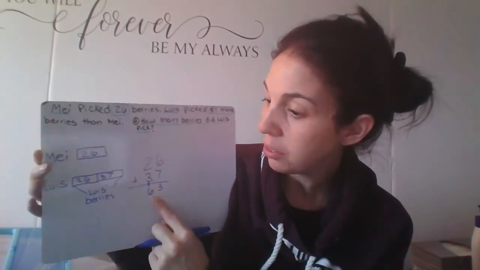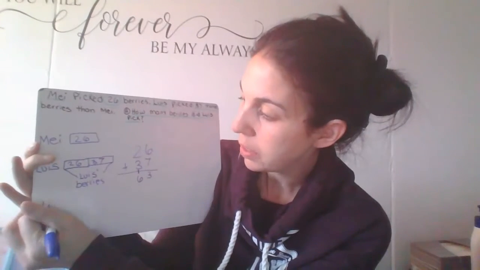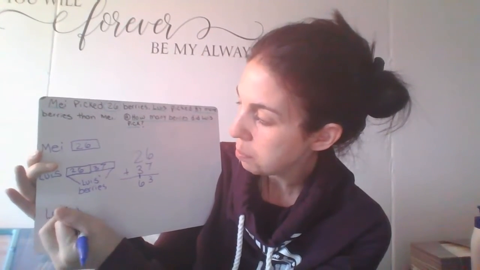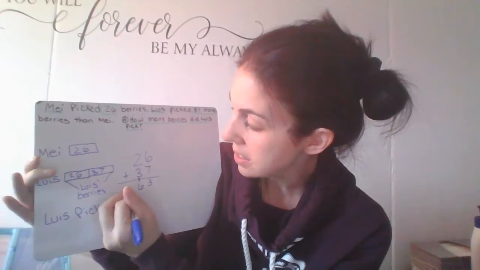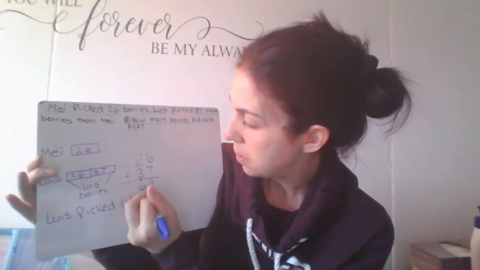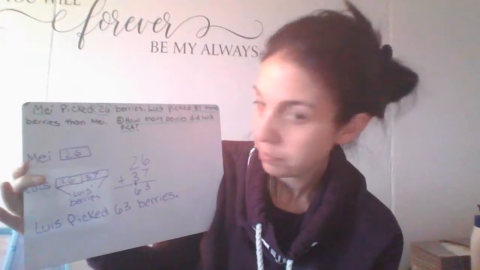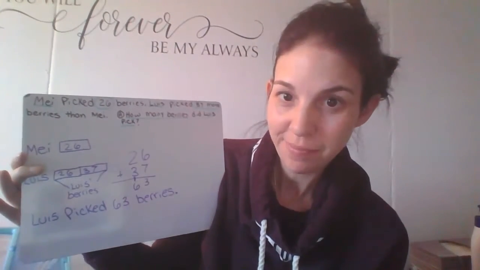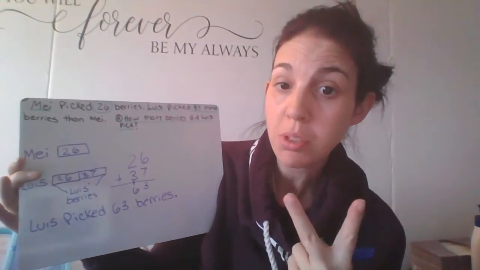Okay, so now I'm going to write my complete sentence. Lewis picked 63 berries. Okay. Now I said that we were going to be doing two-step problems.